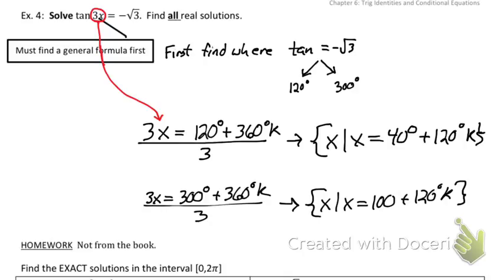We could have put x equals 120 plus 180k, 3x, divided everything by 3, and we could have written this as one formula that would have been x equals 40 plus 180 divided by 3, which would have been 60k. And 40 plus 60 would have got my 100, and then we would have kept going around and around.